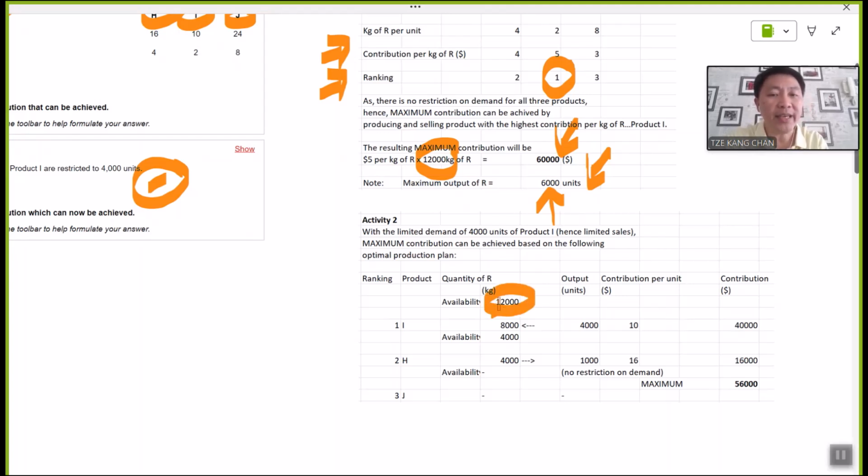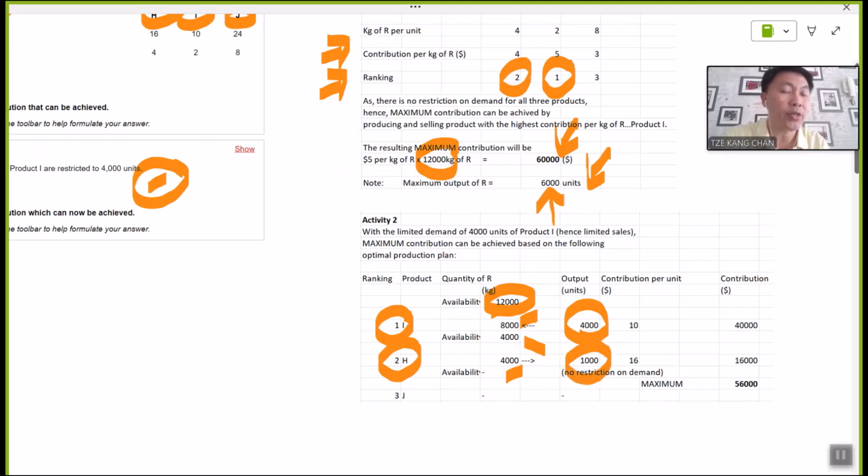With the 12,000 kilo, there is no doubt we first allocate to I to fulfill the maximum demand of 4,000. That requires 8,000 kilo of R and leaves 4,000 kilo of R remaining. With the remaining 4,000 kilo, we should then allocate to the second most profitable product, namely H. By making use of all the available material R, that allows the production of up to 1,000 units of H.